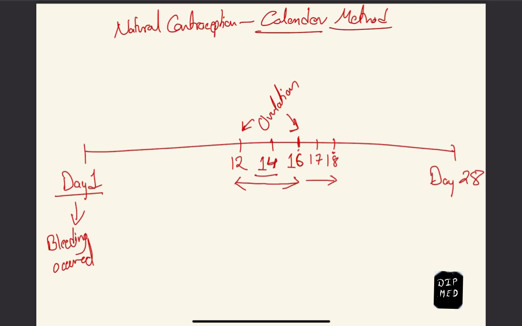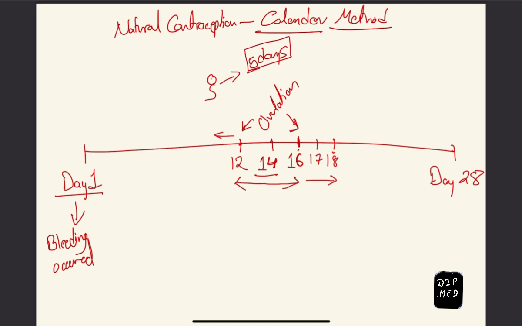Now, coming back to day 12, let's say a female ovulates on day 12. Does it mean that if there is sexual intercourse before day 12, there won't be any pregnancy? That's not the case. Why? Because the lifespan of sperm is up to 5 days. These sperms can survive up to 5 days inside the female body.